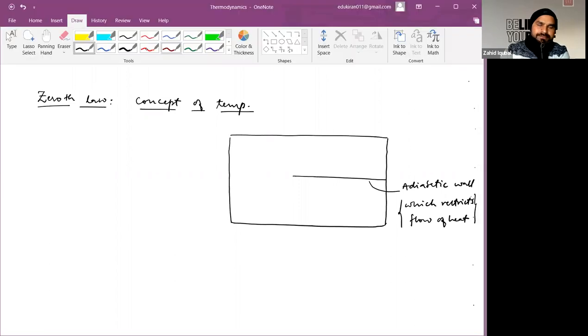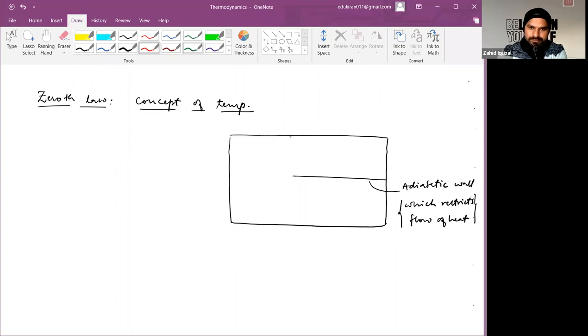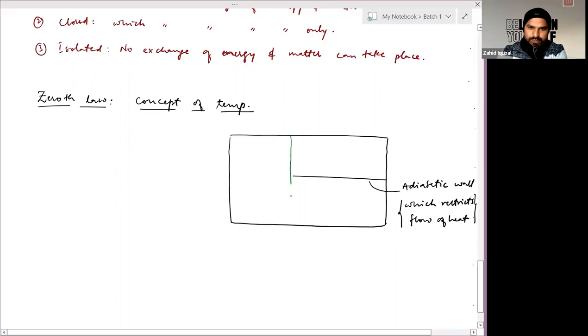Next, there is another wall at this point, which is called a diathermal wall, which allows exchange of heat through it.